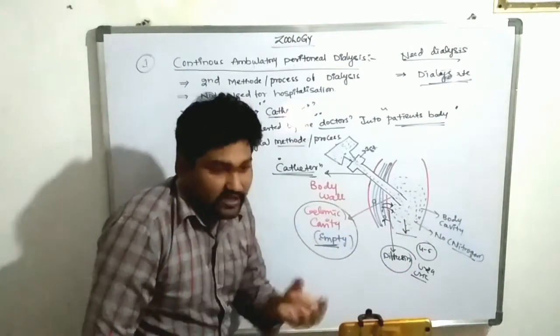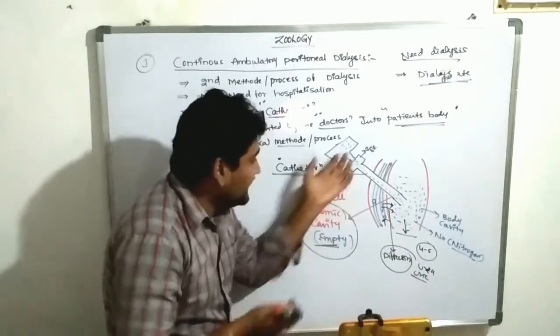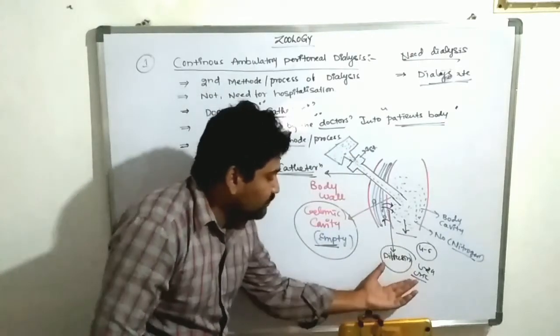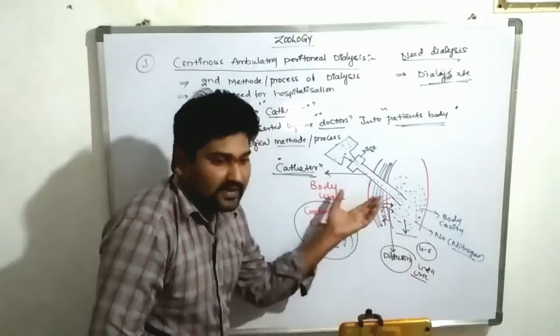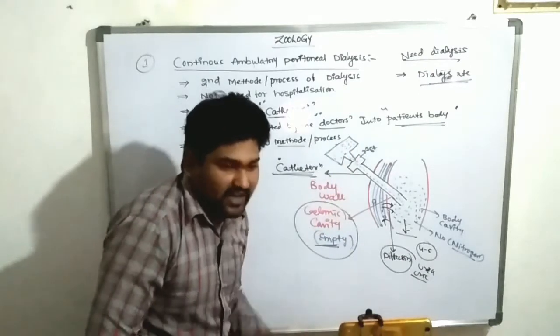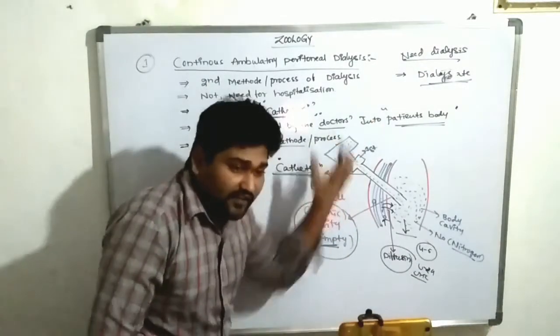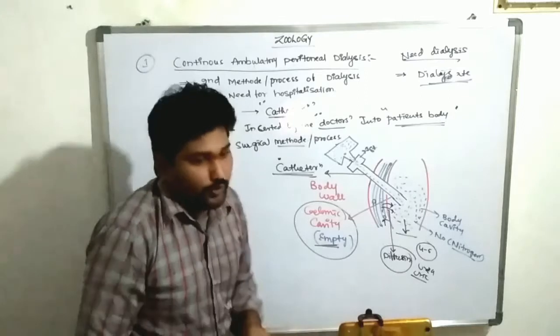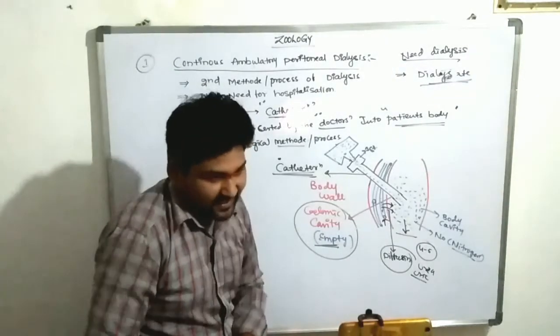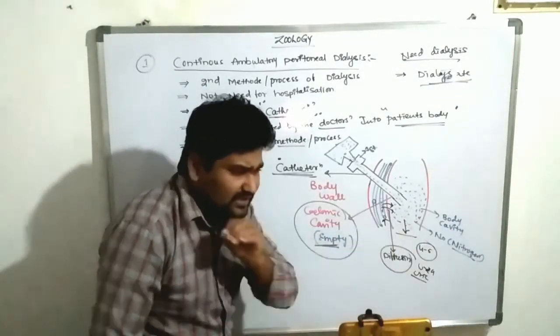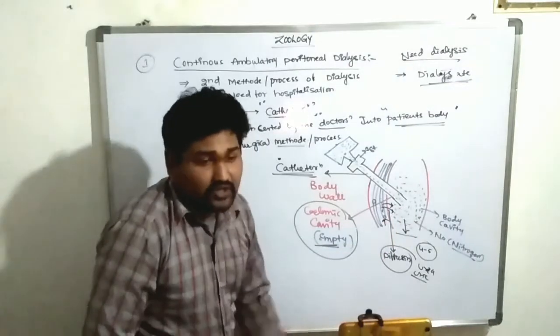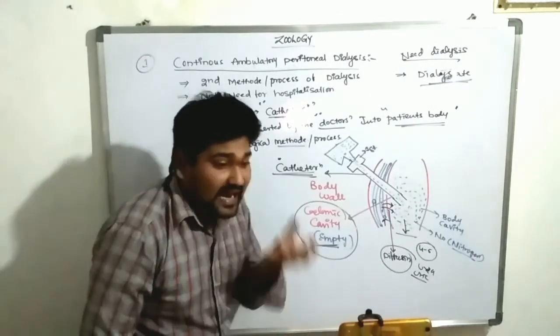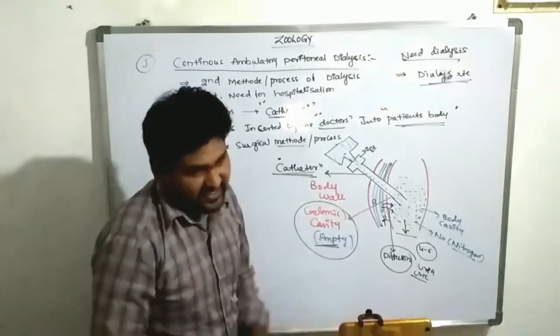In the coelomic region there is the dialysate, but the body wall has continuously flowing blood containing a huge amount of urea and nitrogenous wastes, while the dialysate has a complete absence of nitrogenous wastes.